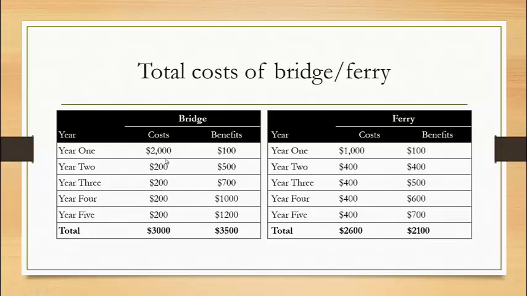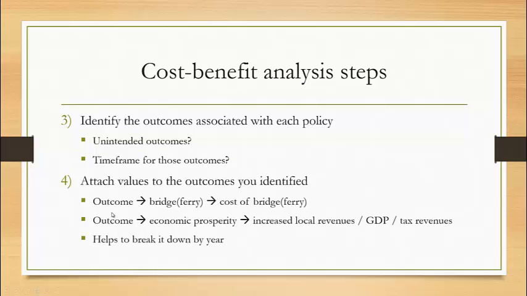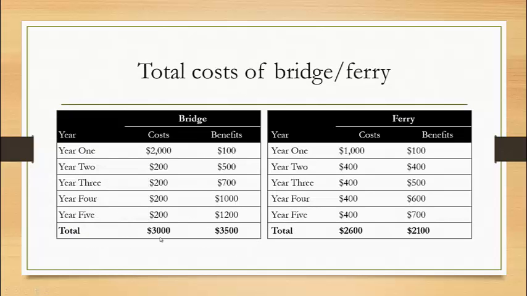And so after year one, the cost is only $200 per year, whereas the benefits increase exponentially. And we see that the total cost, $3,000 versus total benefits, $3,500, that the bridge meets our requirement of the benefits exceeding the cost.